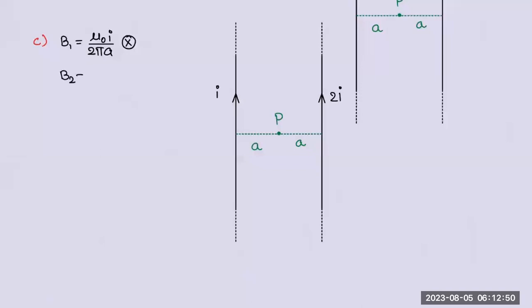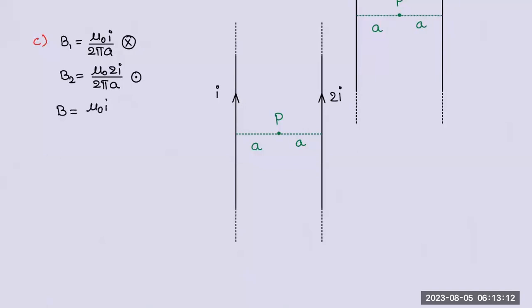And B2 is equal to mu naught 2I by 2 pi A, outwards. So outwards, inwards, definitely outwards is stronger, so it will win. So net magnetic field will be, you have to subtract them.